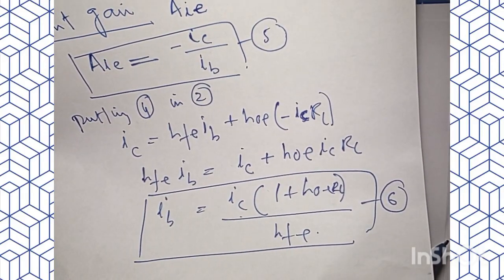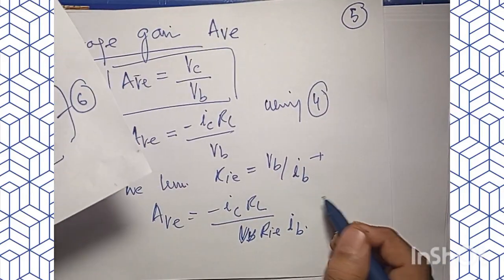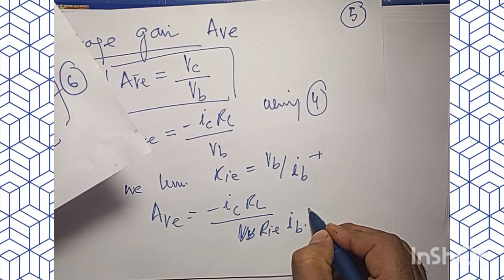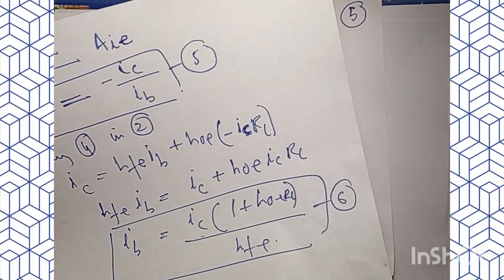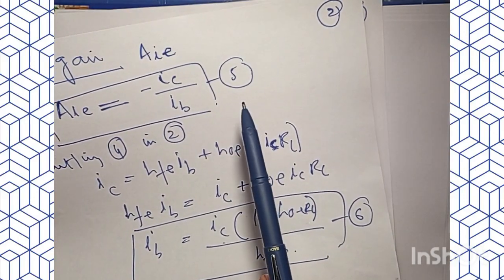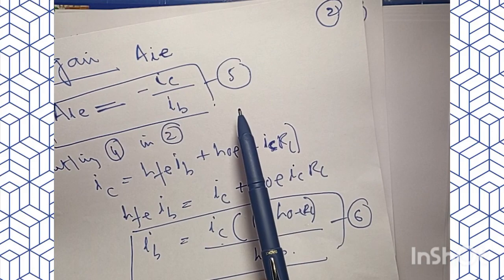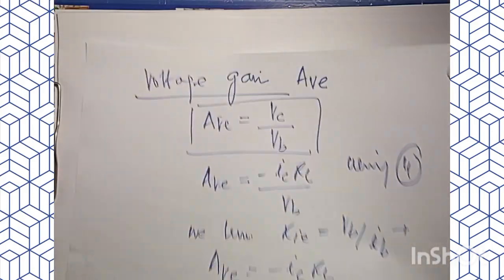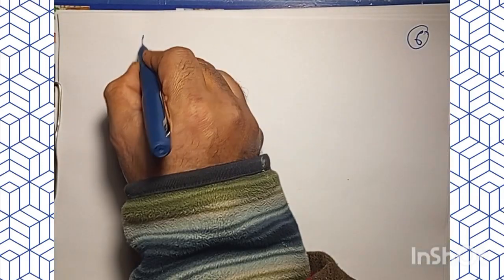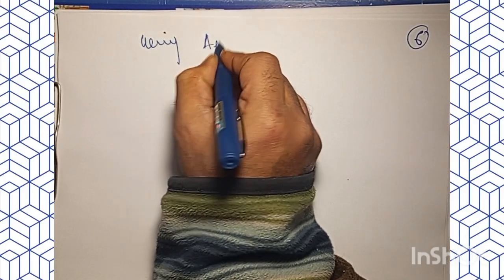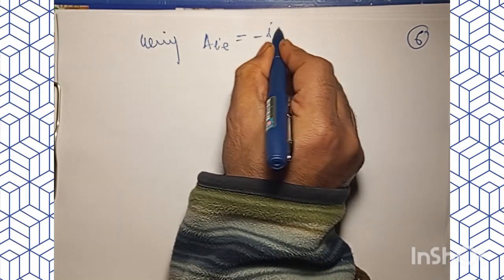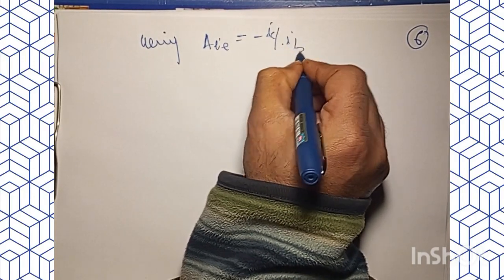AIE is minus IC by IB. Now, if I use that here, if I use this equation 5, what am I going to get? I should directly write that. So using AIE equal to minus IC by IB.